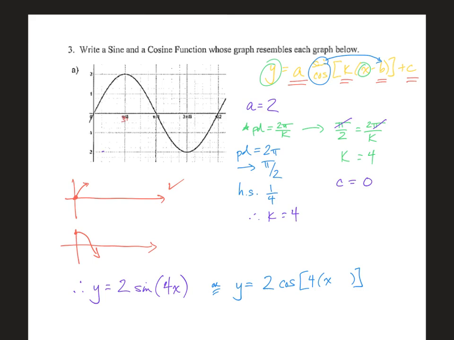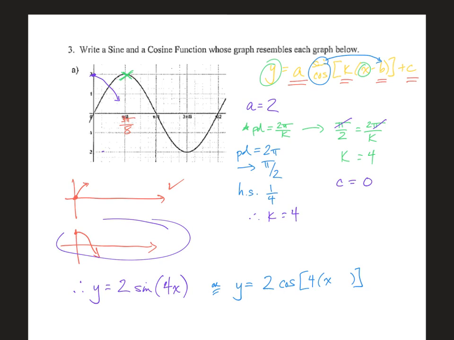I know that if I try to match up my cos graph, so now I'm focusing in on my cos curve, my cos curve normally starts at the top and falls. And so what I want to do is look at where the top of my graph is on the graph that was given. And I notice that that exists right here.